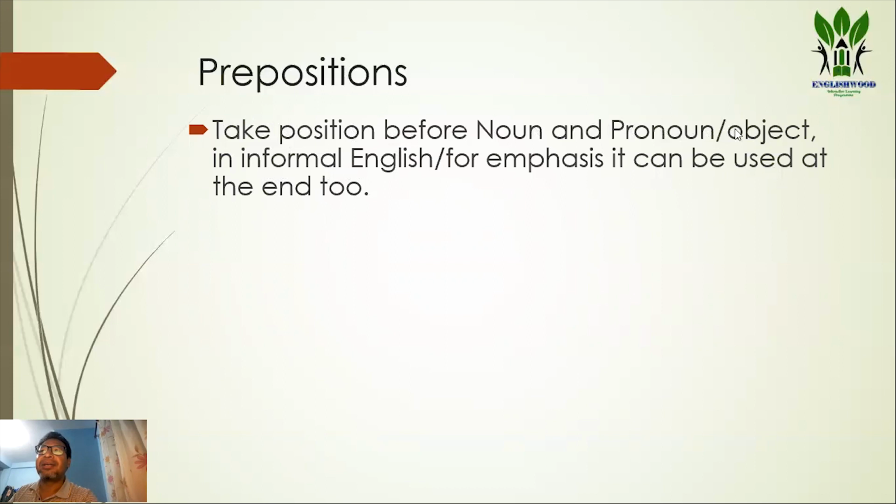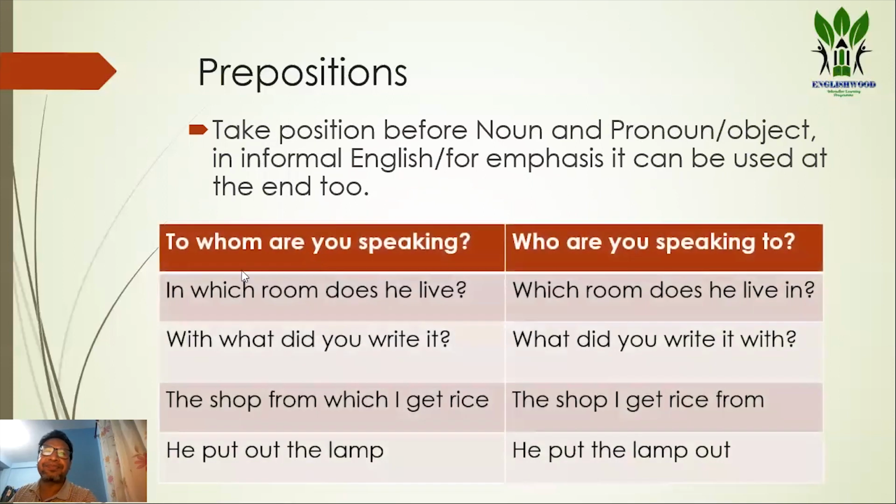But in speaking English, or for the process of emphasizing, it can be used at the end too. For example, to whom are you speaking is also taken as who are you speaking to. Now the preposition goes to the latter part also.